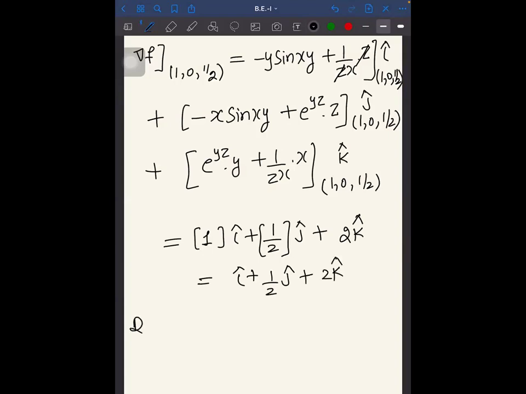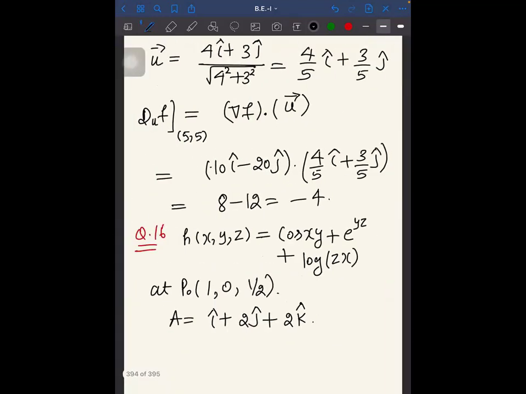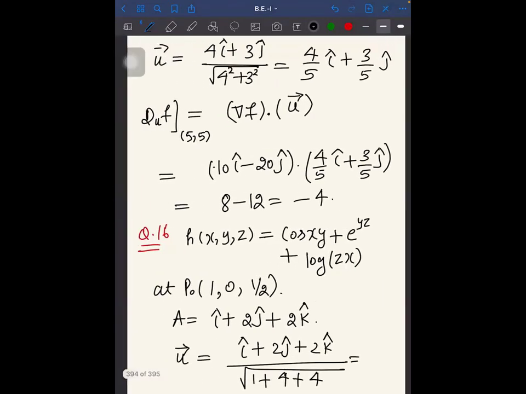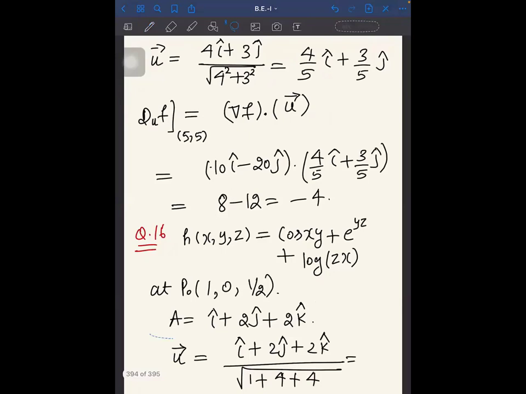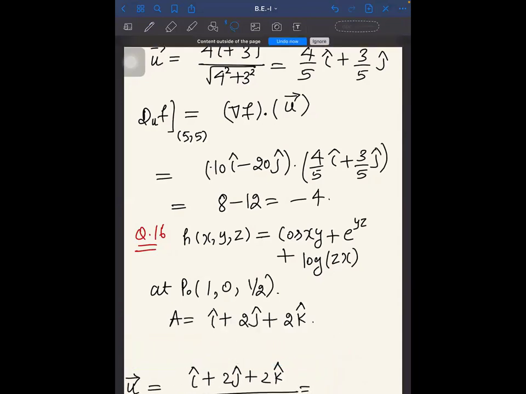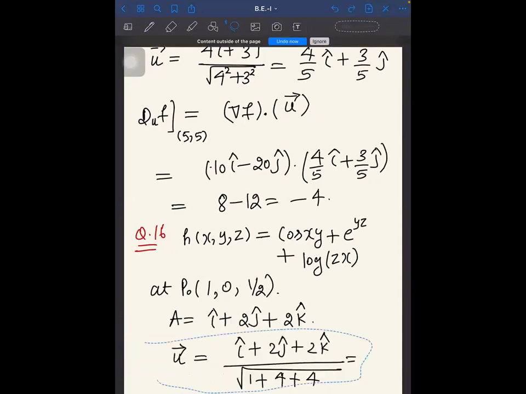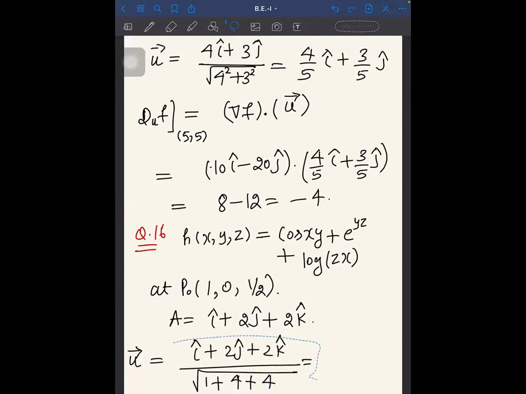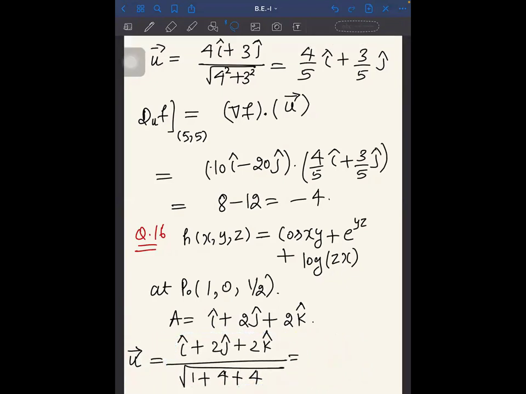Now we want to find out the directional derivative of f in the direction of u. So first of all, we need to calculate that u direction. So that was i plus 2j plus 2k, root of 1 plus 4 plus 4, so that is 3.